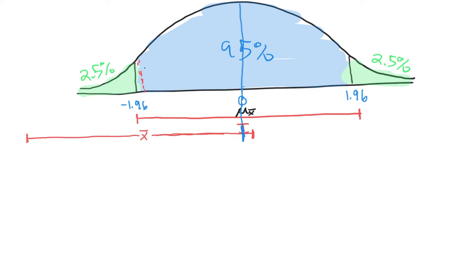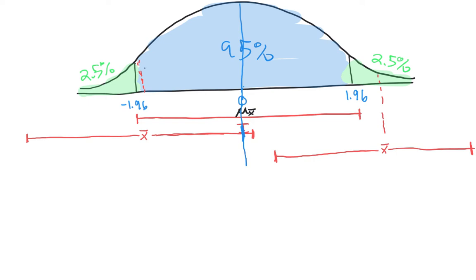So that's great. But if I calculate a mean, and it's not going to happen very often, just 5% of the time, that's more extreme than 1.96 standard deviations. Let me do it somewhere out here. Let's see, if I calculate a mean and it becomes this guy, so here's our mean, x bar, and I have an interval of the same length, 1.96 standard deviations, well, in that case, the mean isn't in my interval.